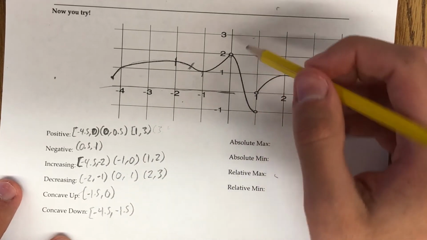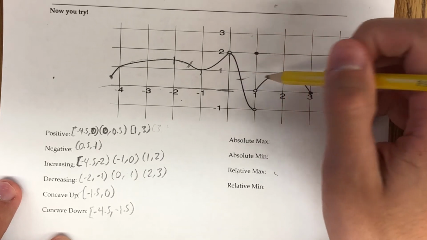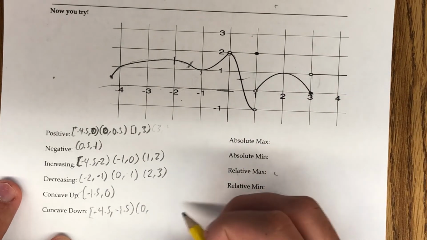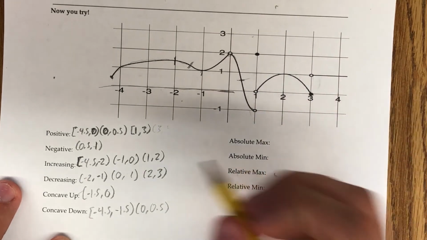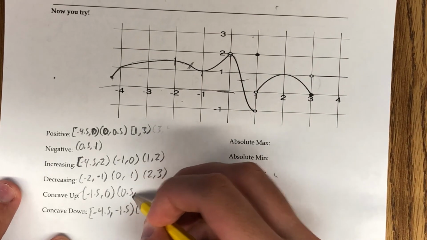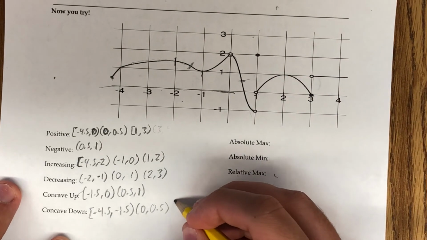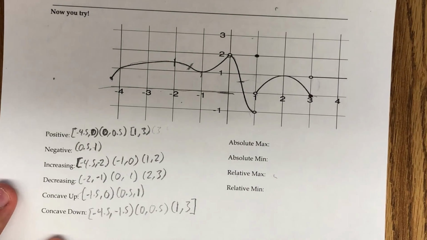And at 0, it seems to flip to concave down till about 0.5, then it switches to concave up, it seems, from 0.5 to 1. Then from 1 to 3, it's definitely concave down, and it is including that point.